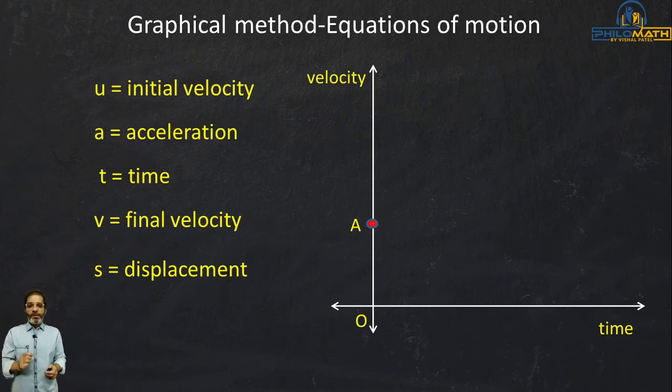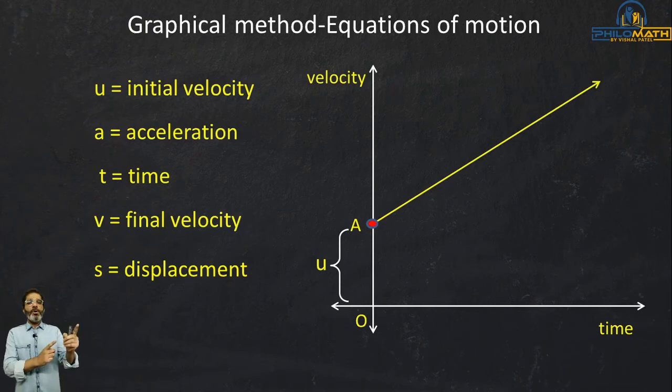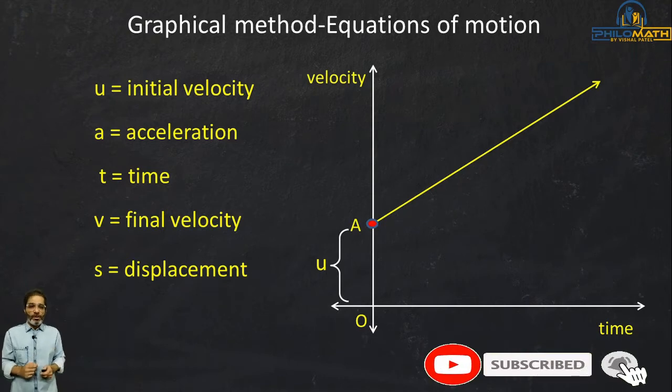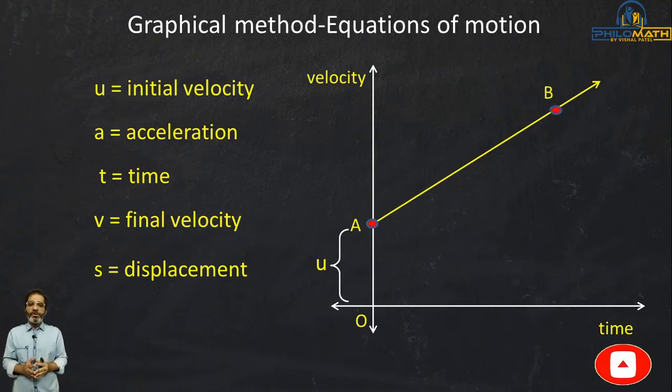If you see the graph carefully, students, AO is nothing but the initial velocity, denoted by u. Now from point A, I am accelerating the car with uniform acceleration for a given time. The arrow going up shows a uniformly accelerated motion. Let us take point B, which shows the final position of the car.